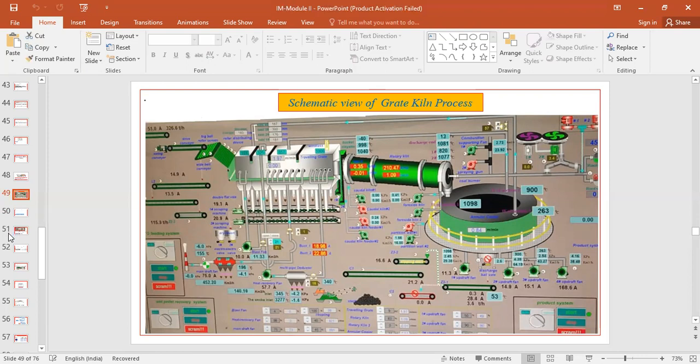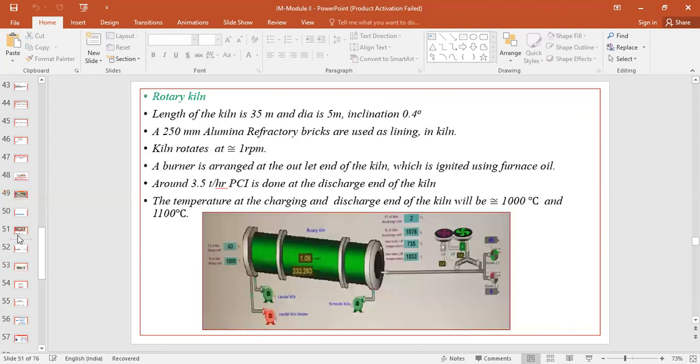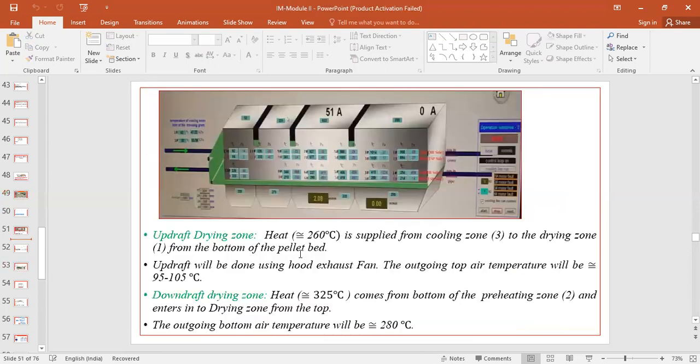So this is nothing but the updraft drying zone. And you can also see the temperatures. The input temperature is around 260 degrees centigrade. That is the temperature we are giving from the bottom, and this heat is coming from cooling zone 3.